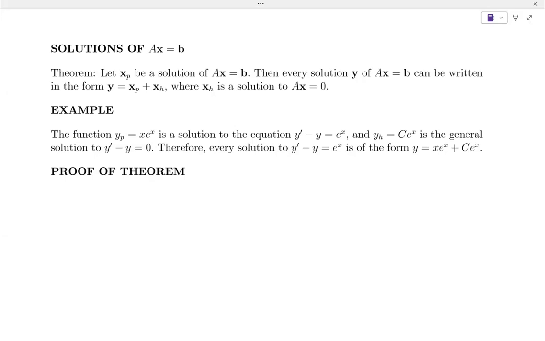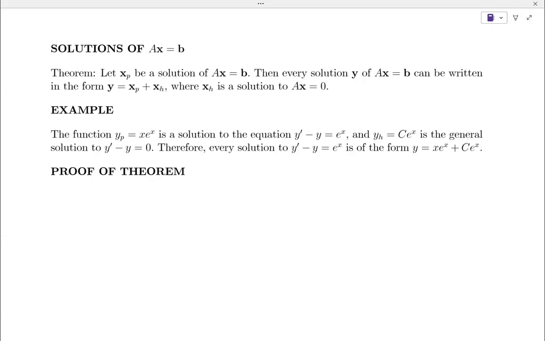If I pair those two pieces together, then I can write every single solution to that differential equation as one particular solution, that's what they'll use for the sub p part, plus the general solution to the homogeneous equation. That's why there's a sub h part. That's the consequence of what this theorem says.